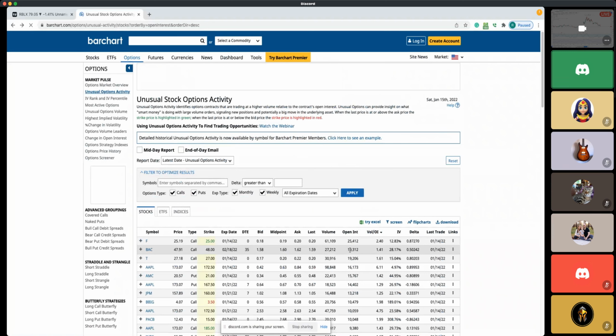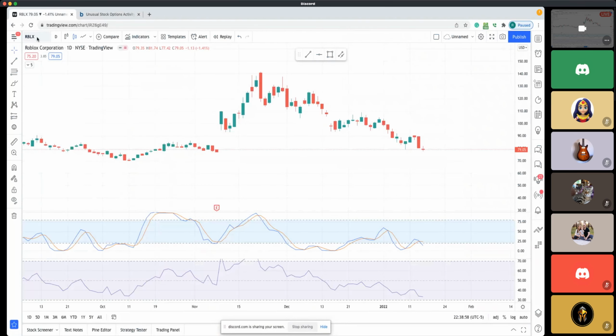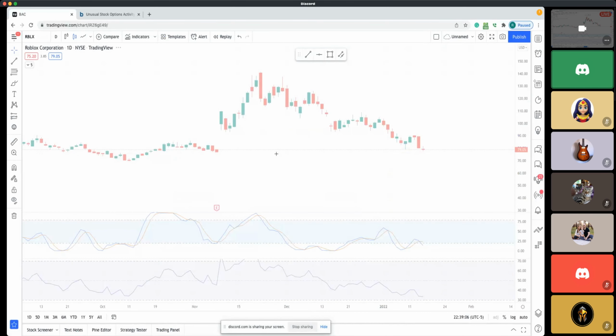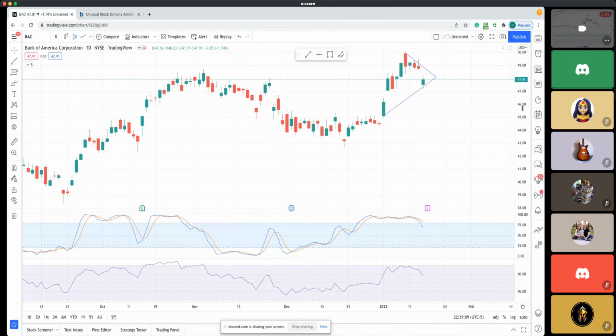Okay, so that's on there. I would take a quick look on the chart, so I'll go to TradingView and pull it up. Now, for some of the option tickers, like SPY, I would already have my lines drawn, the support and resistance from the top down, day, hour.